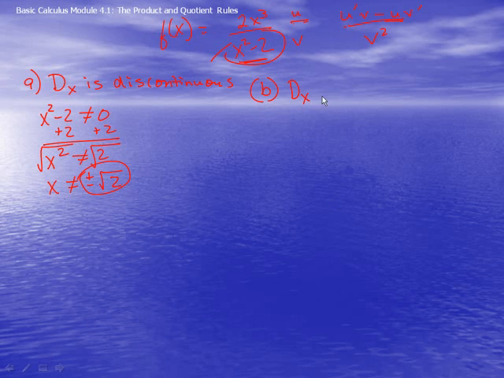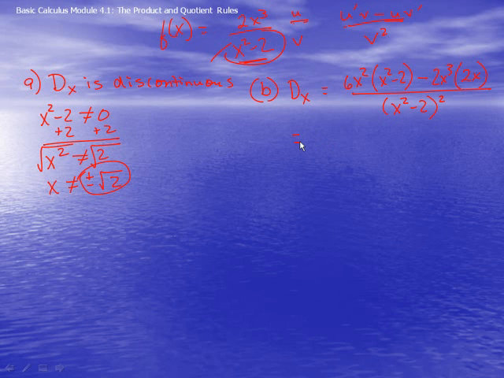So we would have this be equal to 6x squared, parenthesis, x squared minus 2, minus the top one, which is 2x cubed, times the derivative of the bottom one, which would be 2x, all over the bottom one squared, which is x squared minus 2 quantity squared.